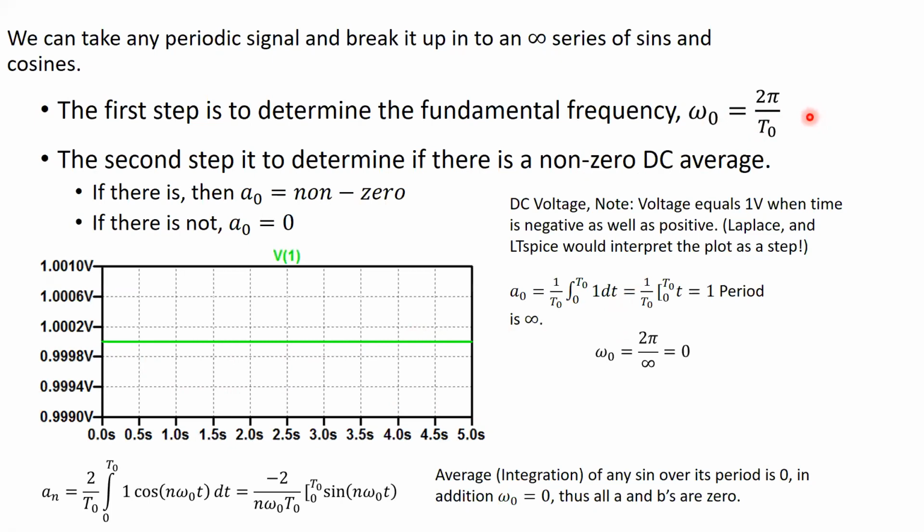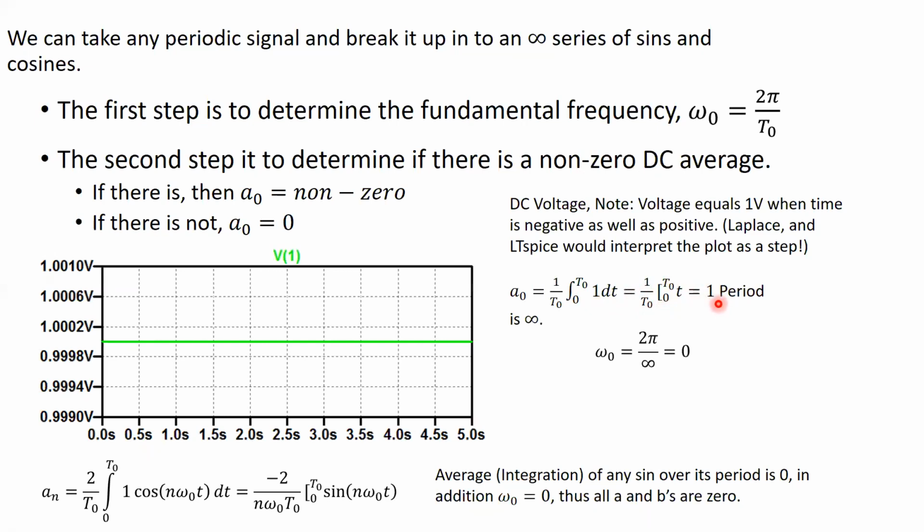All right. Now, we don't actually need that right off the bat. I take A0, 1 divided by T naught, integrate from 0 to T naught, 1 volt. That's the integration. And then, without having to worry about what T naught is, I just get 1 because the T naughts cancel out.